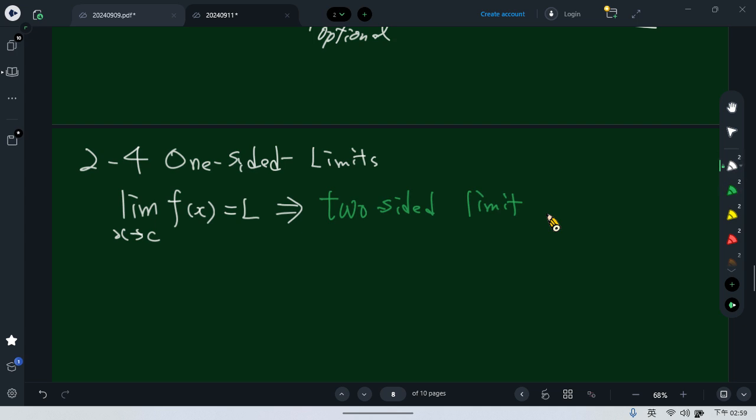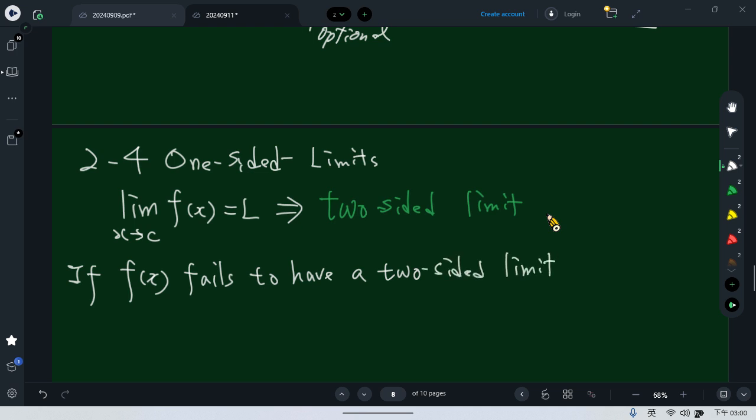But sometimes, if f of x fails to have a two-sided limit at c, but it may possibly still have a one-sided limit.